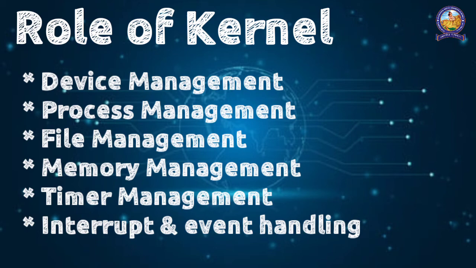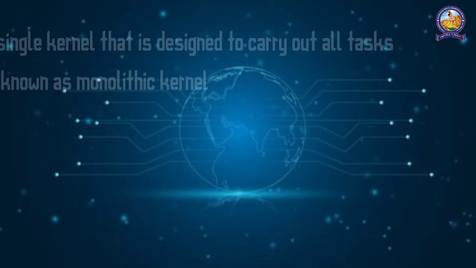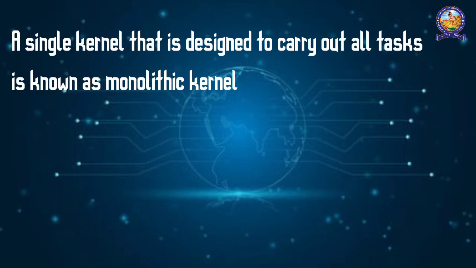In some operating systems, all these tasks are handled by a single kernel. This kind of kernel is known as a monolithic kernel, because there is only one kernel to handle all these operations.